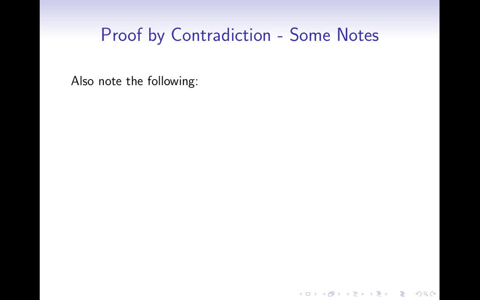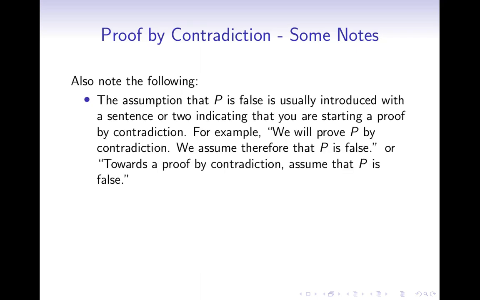And now a few notes on how and why this method works, and some of the details of how you should do it. When you begin a proof by contradiction, with the assumption that the statement P is false, you should somehow alert the people reading your proof to the fact that you're doing a proof by contradiction.